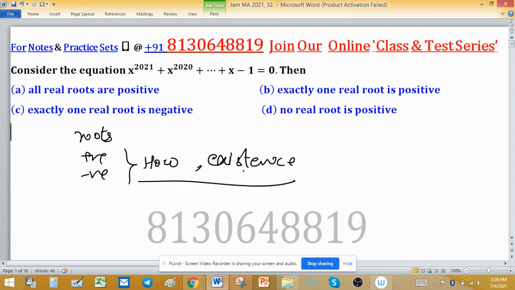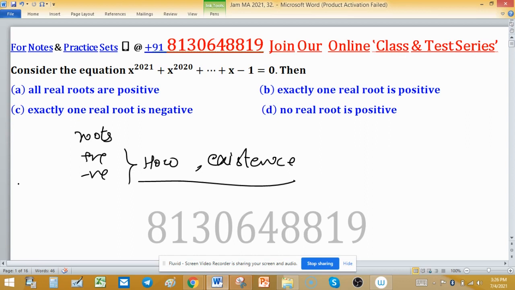So how to solve this problem? Descartes' rule of sign change can tell us how many real positive or real negative roots this polynomial has, because this is a polynomial structure of the equation. So how many roots will exist according to Descartes' rule, we can easily find out. What is Descartes' rule of sign change? It is a technique for getting information on the number of positive real roots of a polynomial.